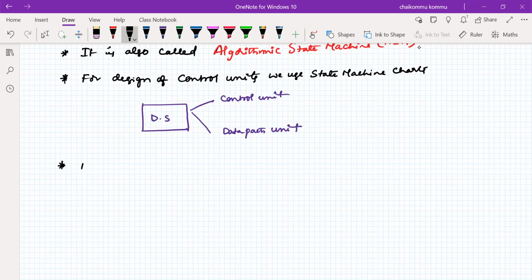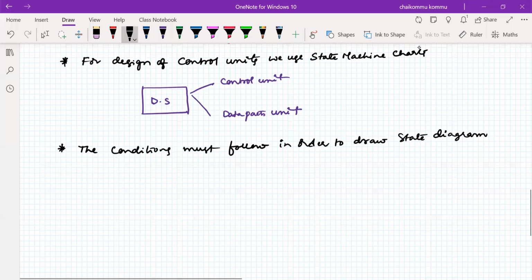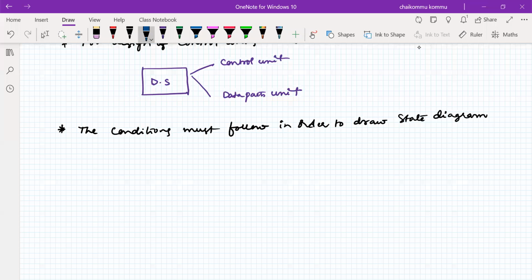The conditions must be followed in order to draw a state graph or state diagram. Actually, these conditions are automatically met when you use state machine charts. Later we will talk about this. Let me write the conditions here.